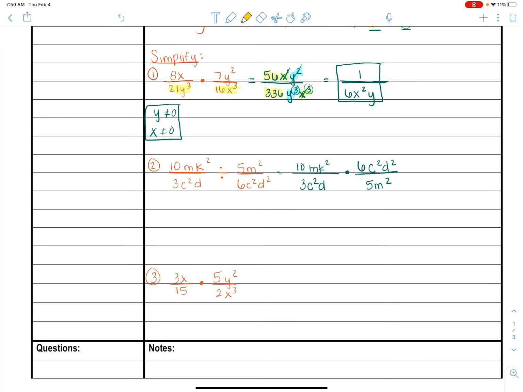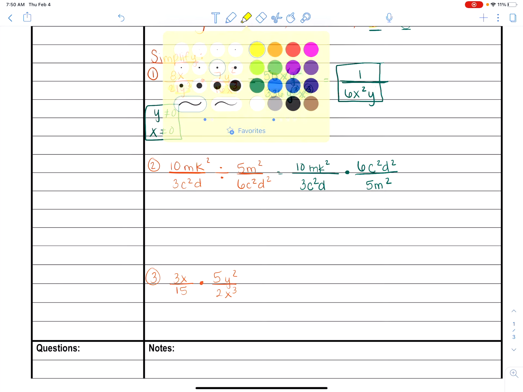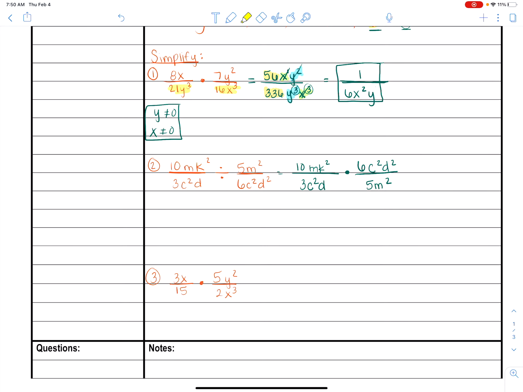Now, when we talk about what our domain cannot be equal to, I have to look at this and this, and because it's division, I have to look up here also. Again, there's no plus or minus, so the only number we're looking at that we cannot have is 0. So that means that C cannot equal 0, D cannot equal 0, and M cannot equal 0.